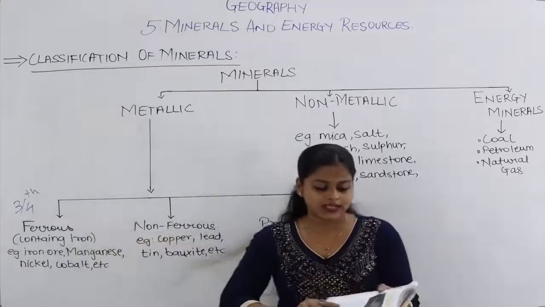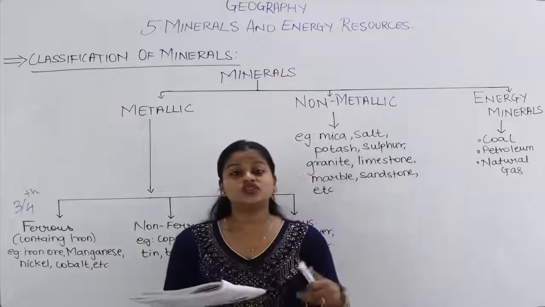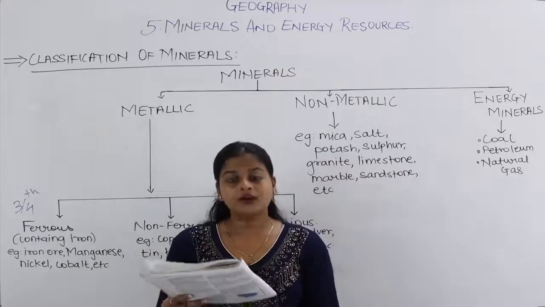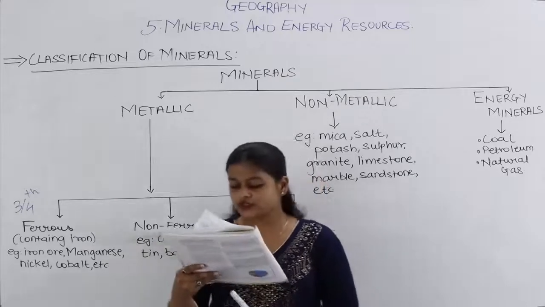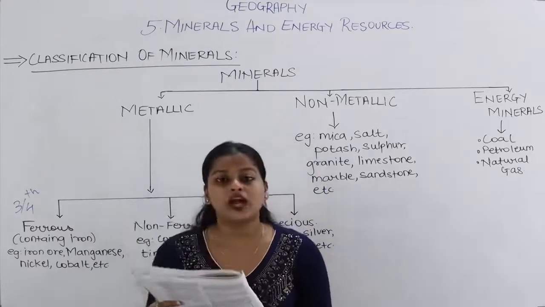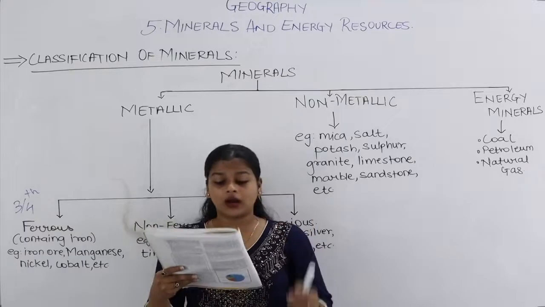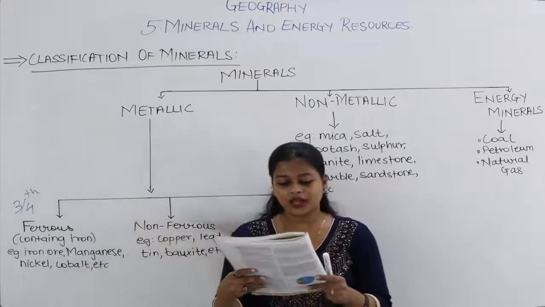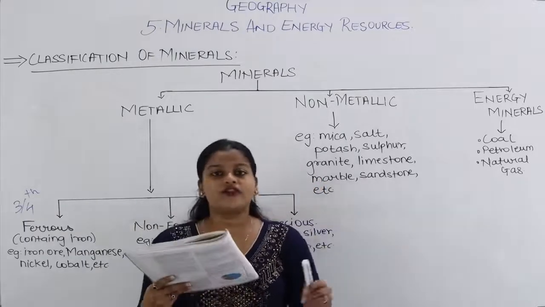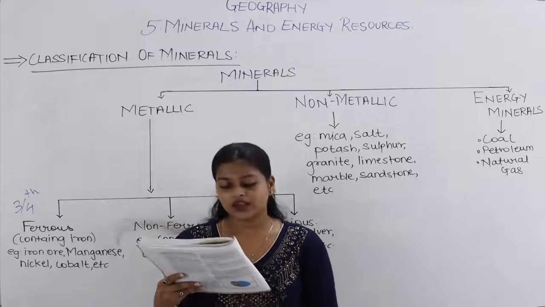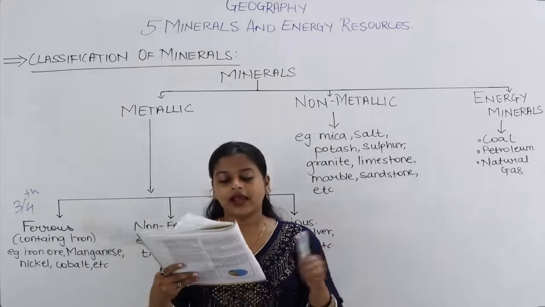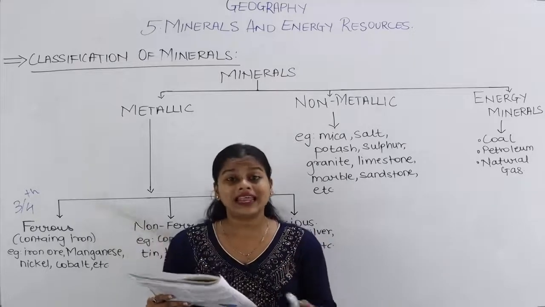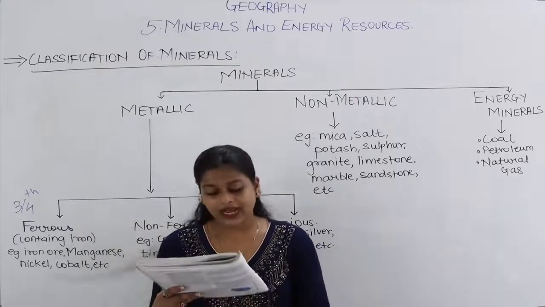Next, let us talk a bit more about the major iron belts in India. If you see page number 51, you will find what I am talking about. The major iron belts in India are, first, the Odisha Jharkhand belt, which is very high grade and rich in hematite ore.